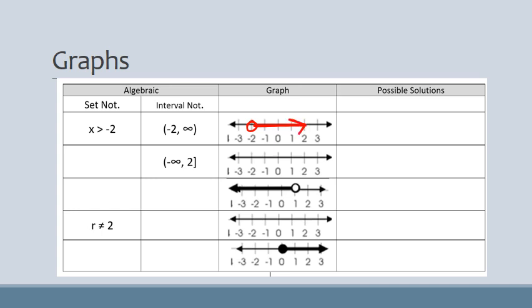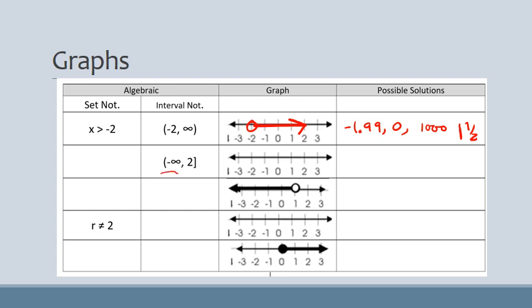My possible solutions are going to be everything that's greater than negative 2, but not including negative 2. So it could be negative 1.99, it could be 0, it could be 1,000, it could be 1.5, anything that's greater than negative 2.